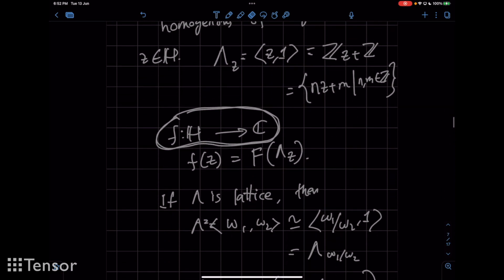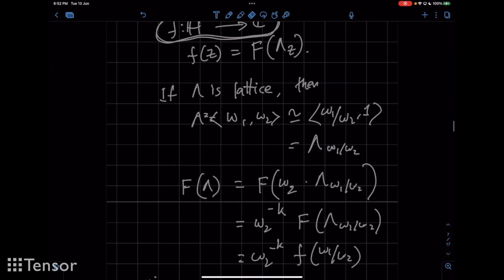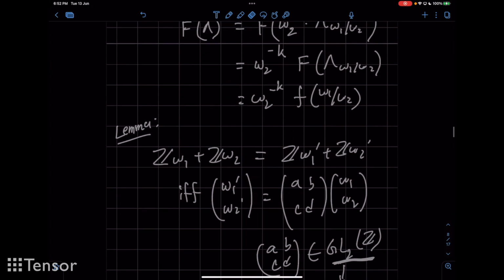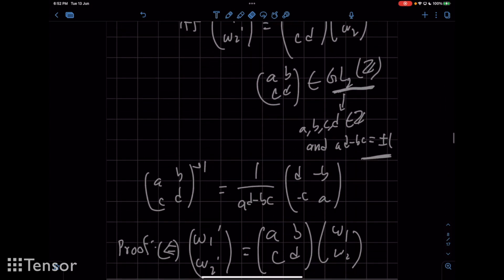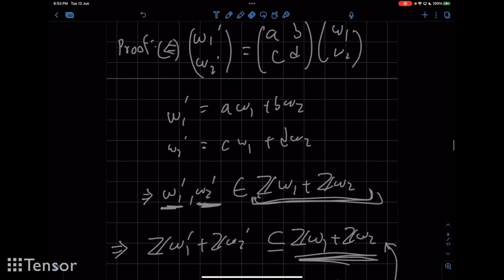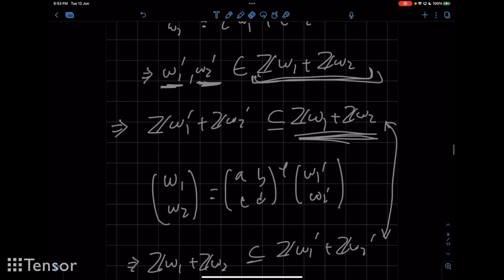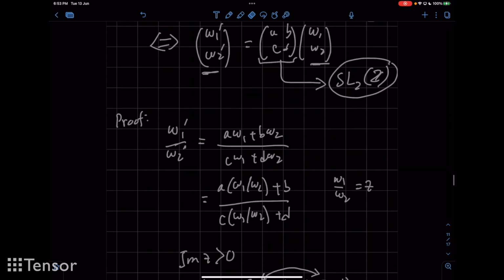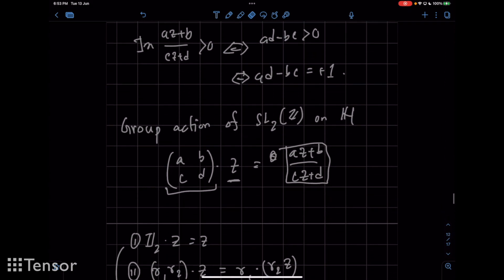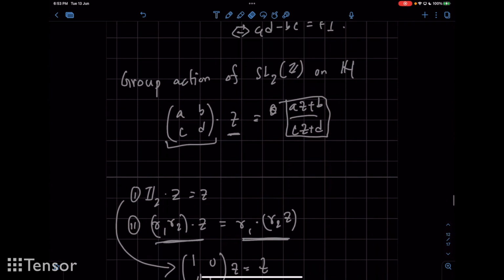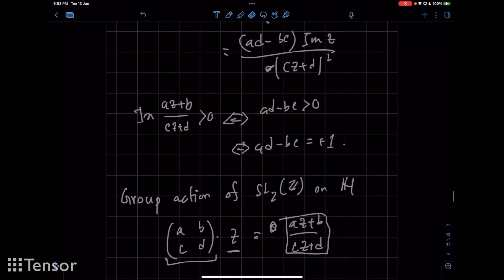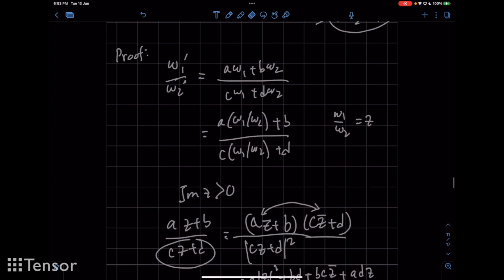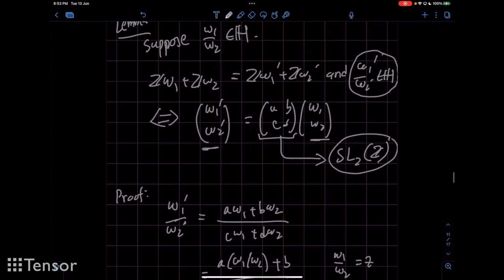Then we briefly checked when two lattices are equal, and we got that two lattices are equal if they are related by a transformation of SL2Z. There's the proof, and we have defined a group action of SL2Z on H that is mainly motivated by the proof of the previous lemma.